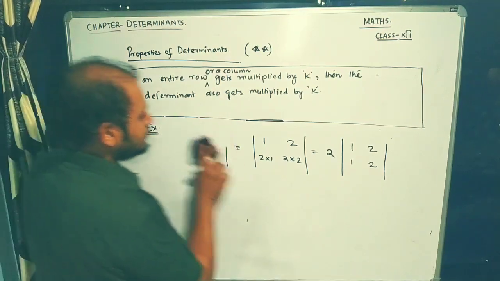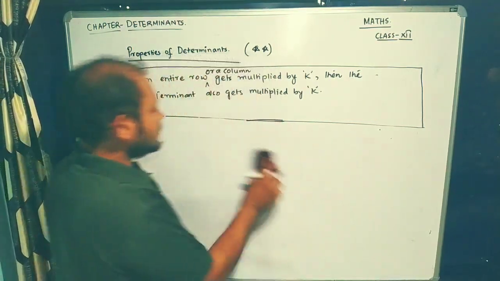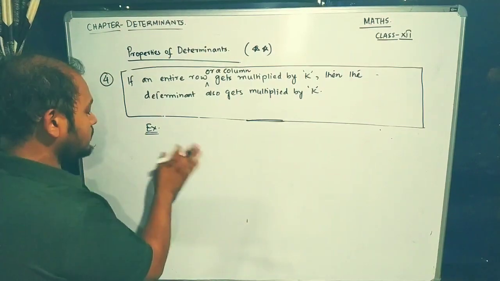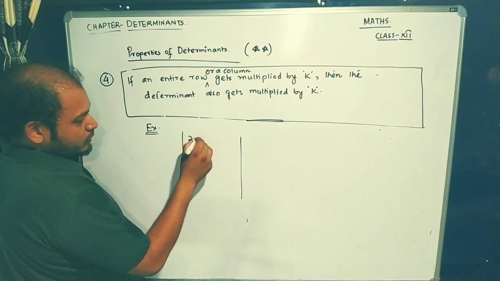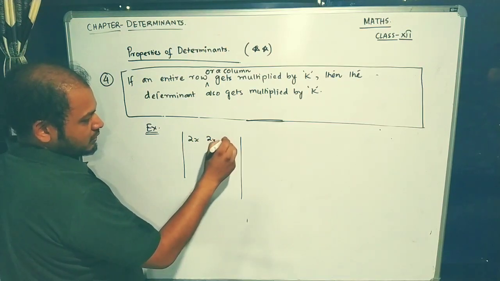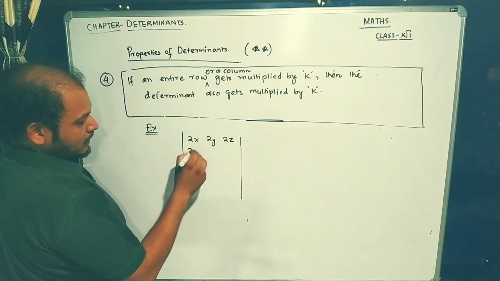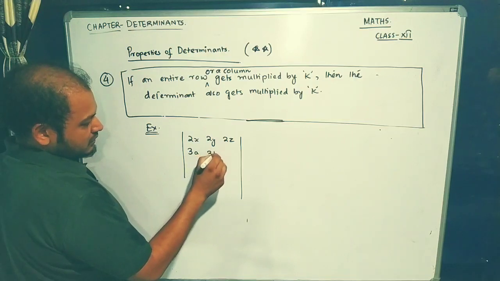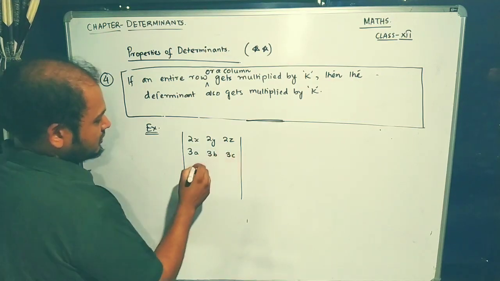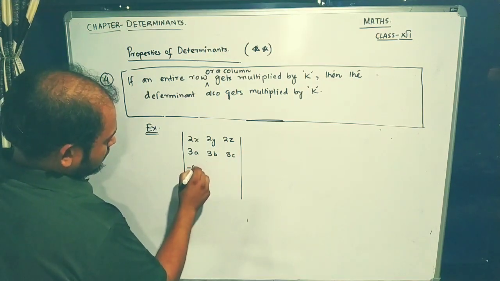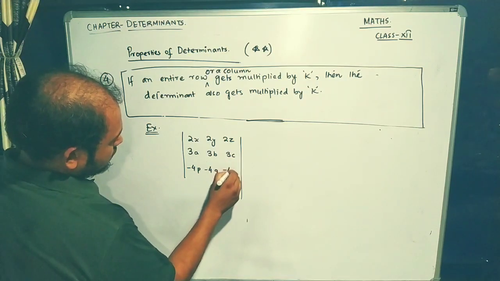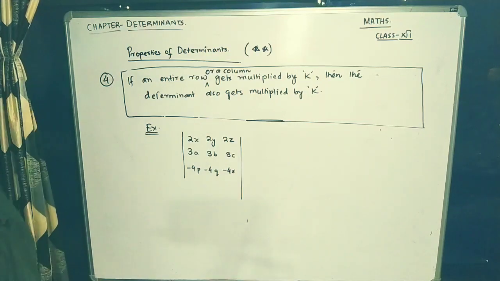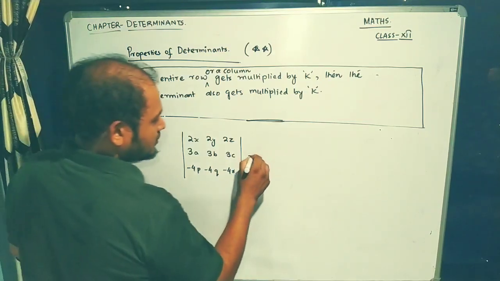Let us have another example. Let us say we have 2x, 2y, 2z, 3a, 3b, 3c, then minus 4p, minus 4q, minus 4r. Can you express this in this fashion?